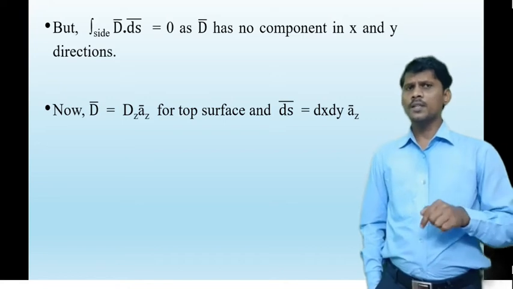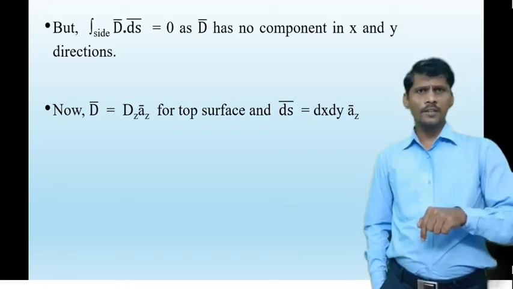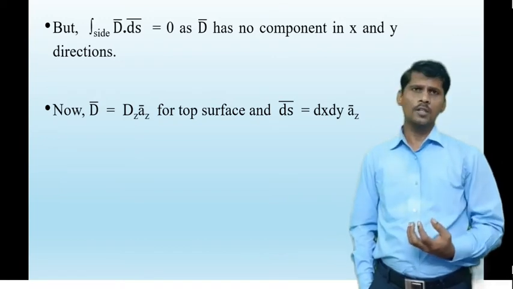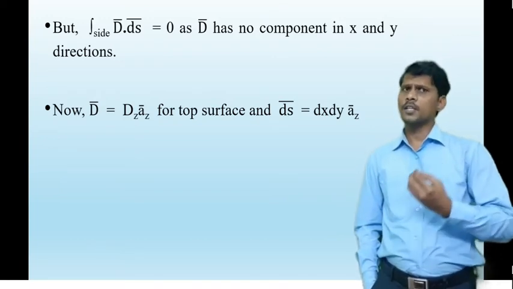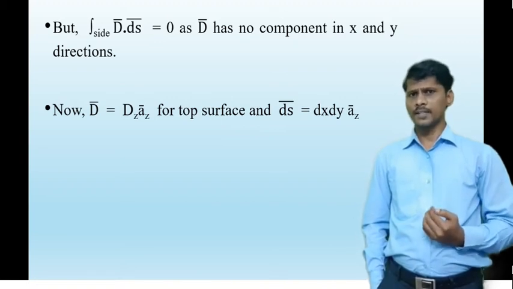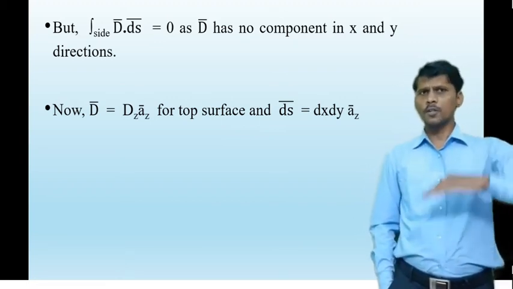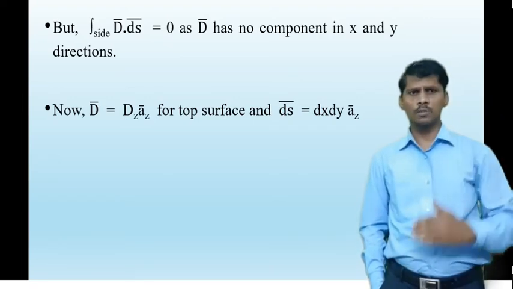Now here the electric flux density is varying normal to the surface. Because of that, only az bar components are considered, ax bar and ay bar components are neglected. Therefore, d bar is equal to dz into az bar for the top of the surface or above the xy plane.